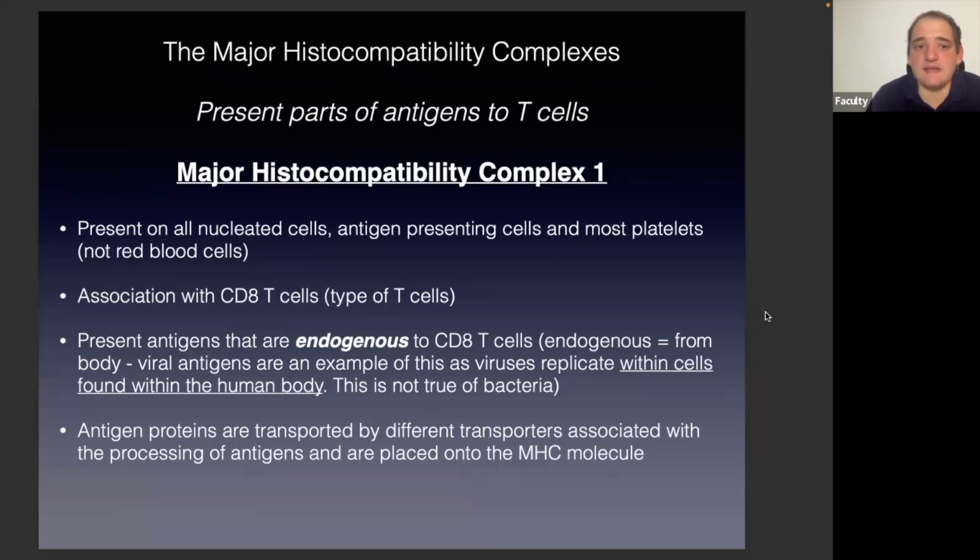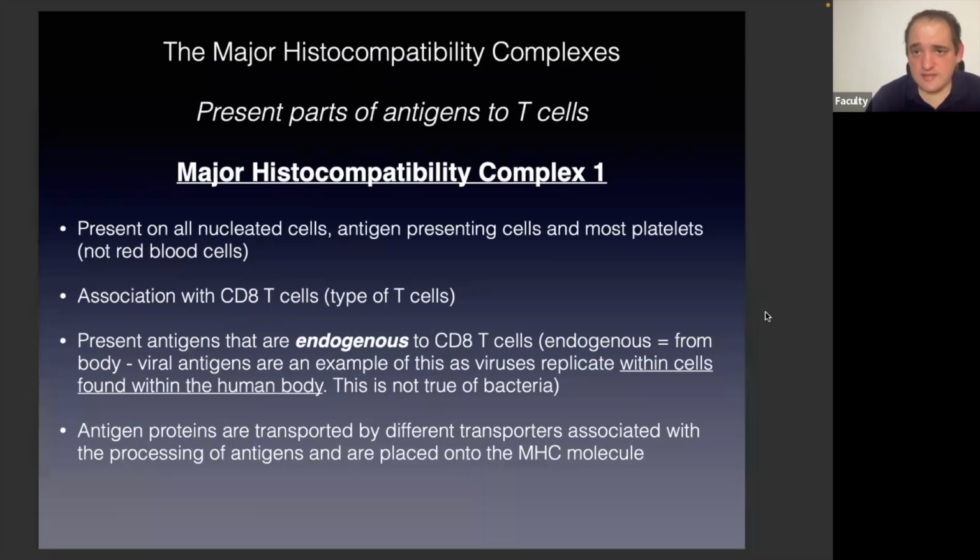When we look at MHC1, it's really any cell that has a nucleus in the body is going to have an MHC1 associated with it. It's in antigen presenting cells as well, and most platelets, but not red blood cells. It's an important distinction. So really, MHC is found in a lot of different cells within the body.